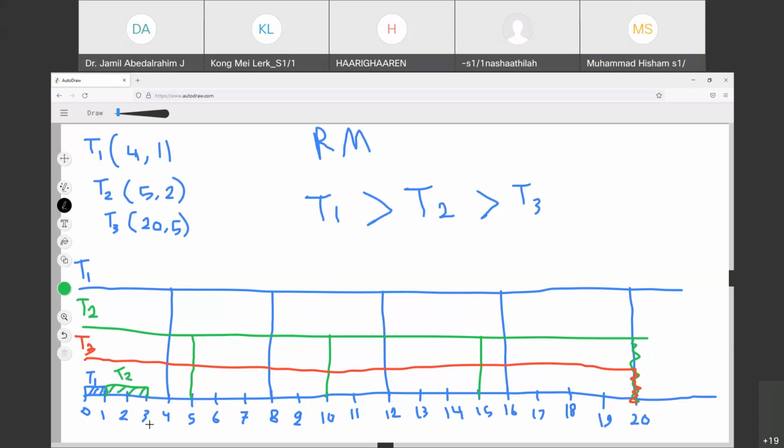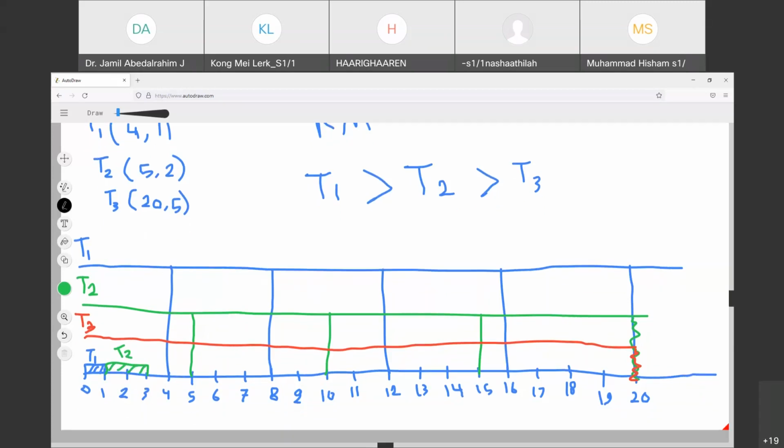Now, what can we execute at unit 3? What can we execute from unit 3? Task 3, correct.